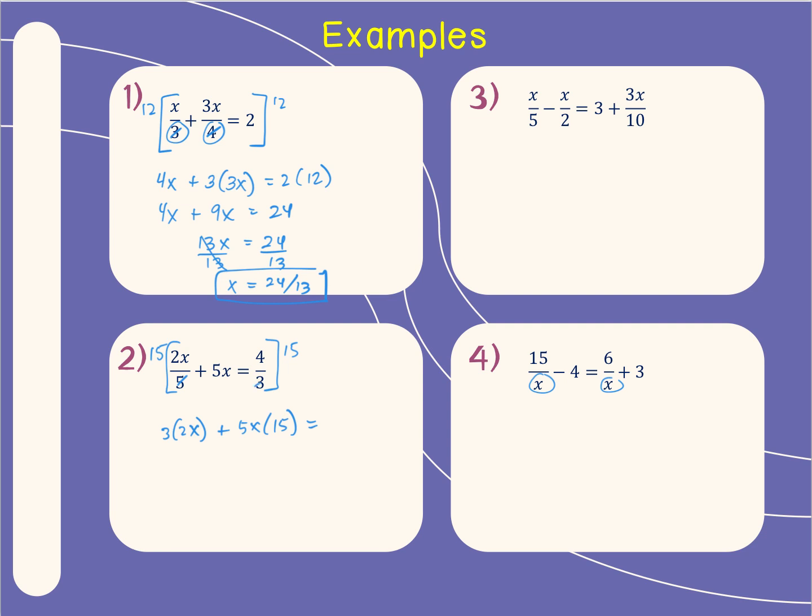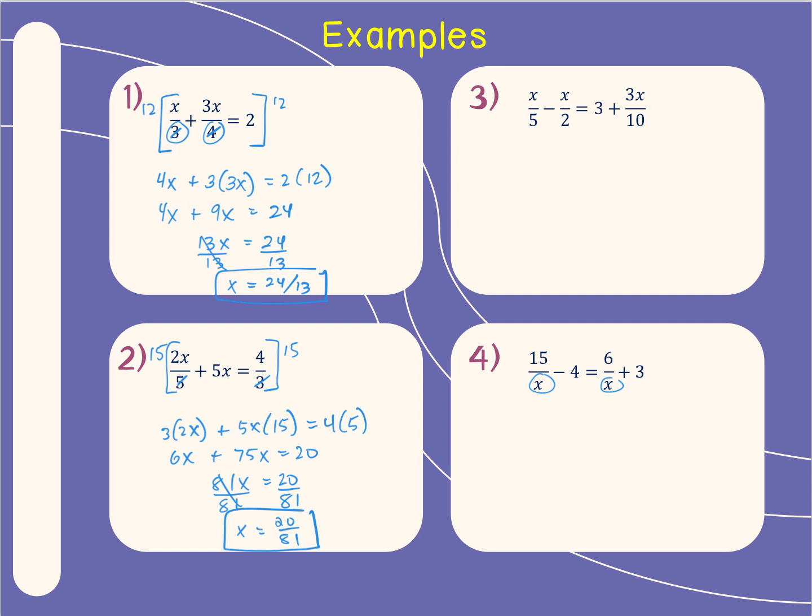And when I multiply the 4/3 by 15, the 3 cancels, leaving me with a 5. So it's going to be 4 times 5. And so when I do the math, I get 6x plus 75x equals 20. So I'm going to get 81x equals 20. I'm going to divide by 81, and I'm going to get that x equals 20 over 81. I'm going to keep going now to number 3.